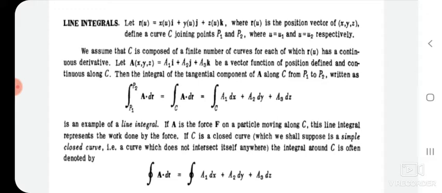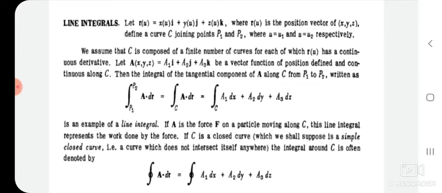Therefore, the integration from P1 to P2 of A dot dr is equal to, if we take the dot product of any two quantities, then it is simply a multiplication of their x component, y component and z component and addition.